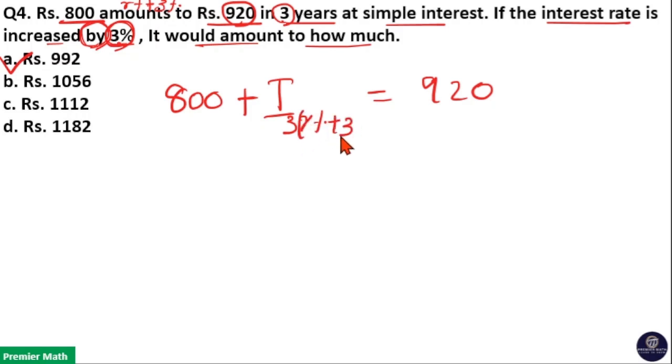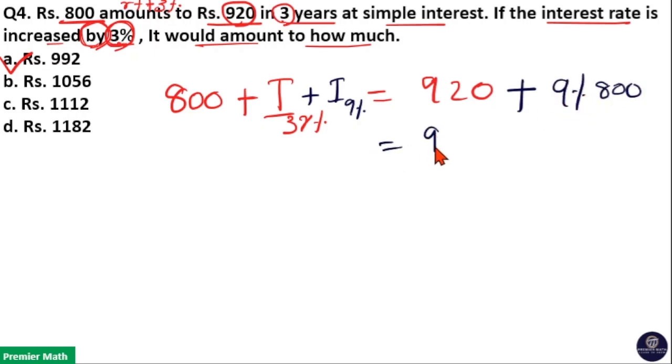So R plus 3% is the new rate for 3 years. That means we need to add extra interest for this 3% for 3 years. That is, I will add this as extra interest for 9%, which is equal to 920 plus interest for 9%, which is 9% of 800.